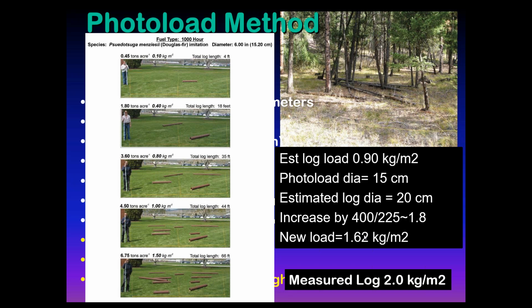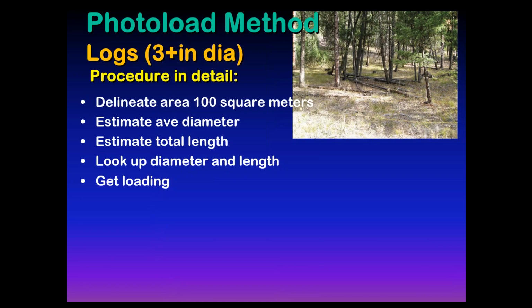And it ended up that after extensive testing, we found that most people just don't like that whole process of adjusting the sample by the square of the diameter. It just doesn't work. And when we watched and observed people, what they were really doing is estimating the length of the logs on the plot and matching it to the lengths of the logs in the Photoload series. So what we did is we came up with a brand new method to do this.